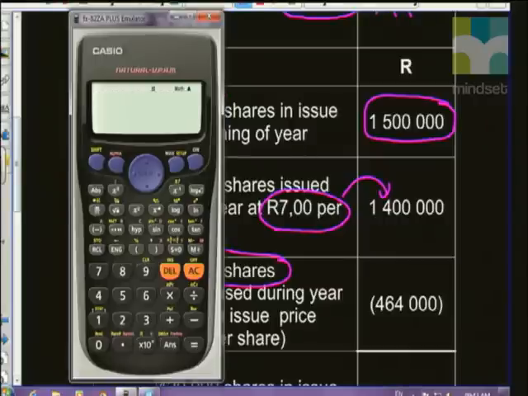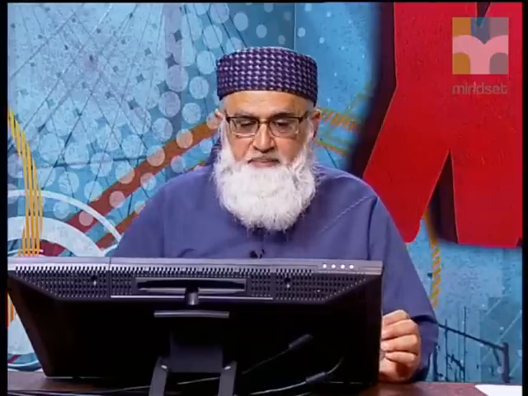Let's go back and work out something of importance. If we say we had a total value of the shares which was the 1,500,000, plus the further shares that were issued to the value of 1,400,000, to give me a total value of 2,900,000. That's the Rand value of those shares. Now, let's divide it by what?